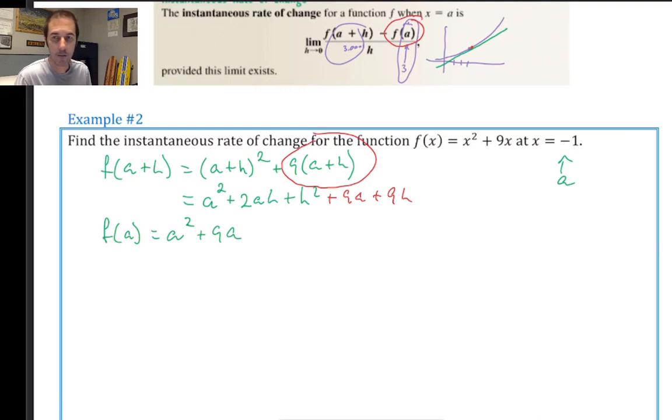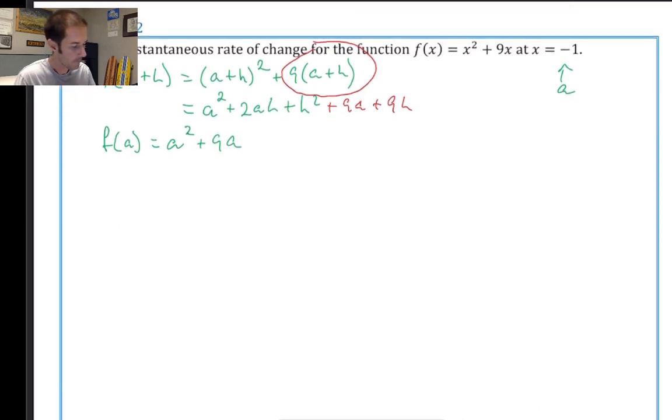So let's take f of a plus h and f of a and put them into the format for the difference quotient. And let's put the limit in front of it as long as we're at it. So we've got the limit as h approaches 0, and our difference quotient is a fraction.